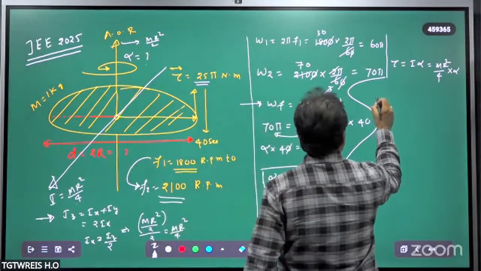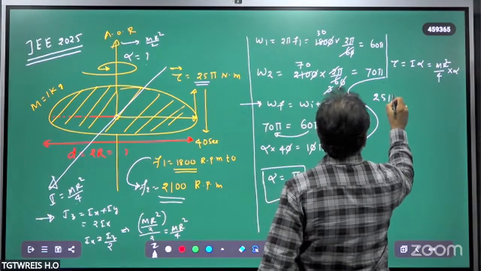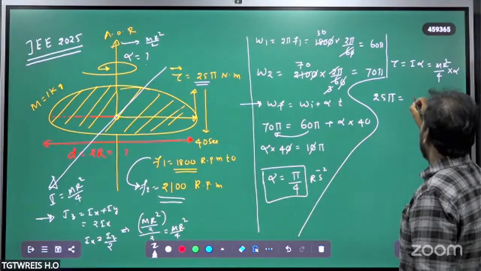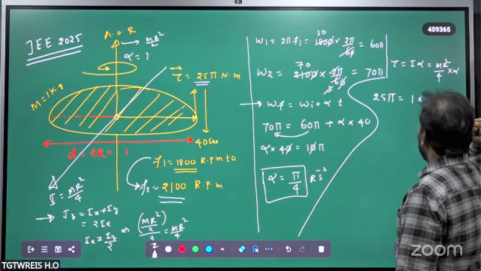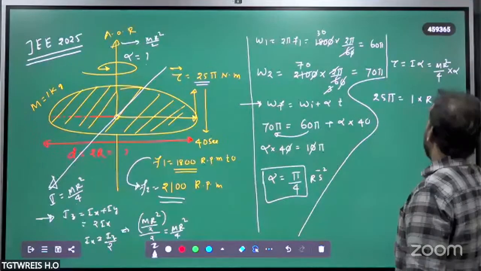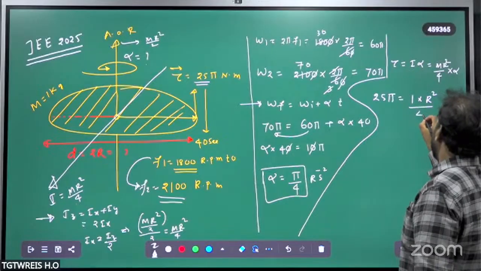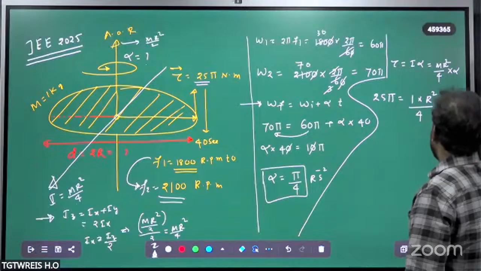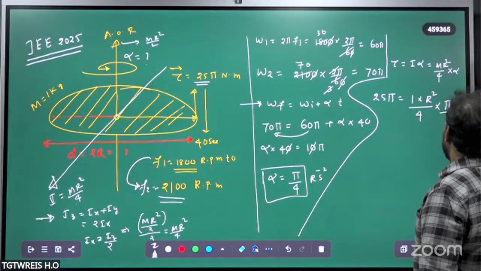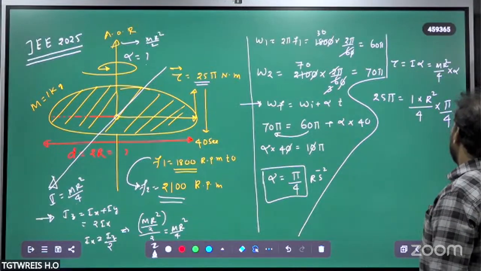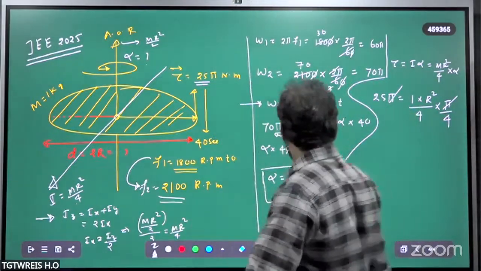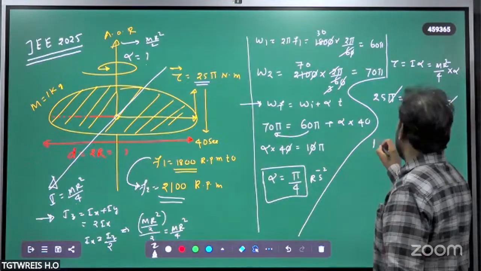Therefore, 25 pi is equal to m, 1 kilogram, into R square upon 4 into alpha, which we have calculated as pi by 4. Pi will get cancelled out on both sides. Therefore, what is R square equal to?